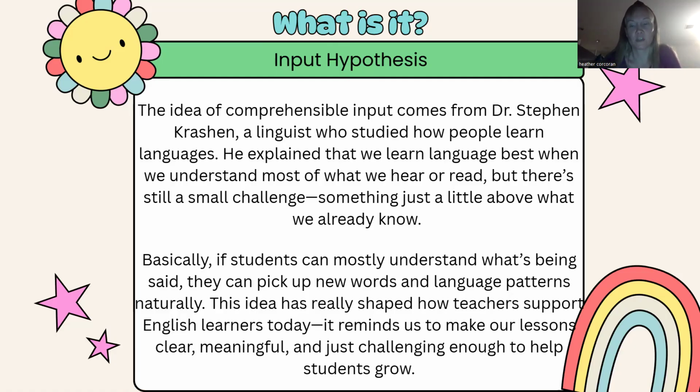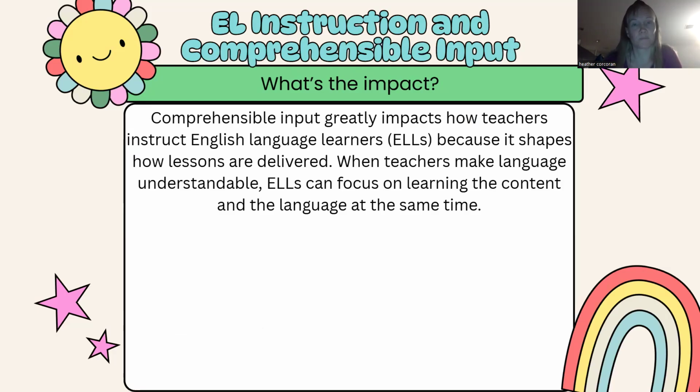This idea has really shaped how teachers support English learners today, reminding us to make sure that, when we plan our lessons, they are clear, meaningful, and just challenging enough for the student to be able to grow. When we think about EL instruction in the classroom, we need to keep in mind that comprehensible input greatly impacts how we deliver our English language instruction.